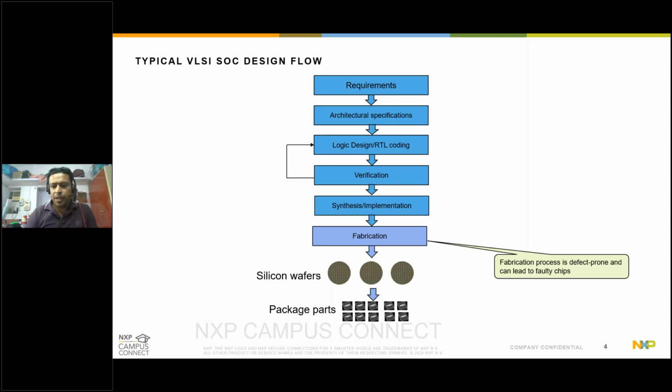Just imagine one such faulty chip going into the braking system of a car, and in some emergency situation, this fault can even prevent your car from being stopped. Just imagine the kind of safety hazards these defects can cause when faulty chips get introduced in your end product. So it becomes very important to be able to test your chips for any of these faults.